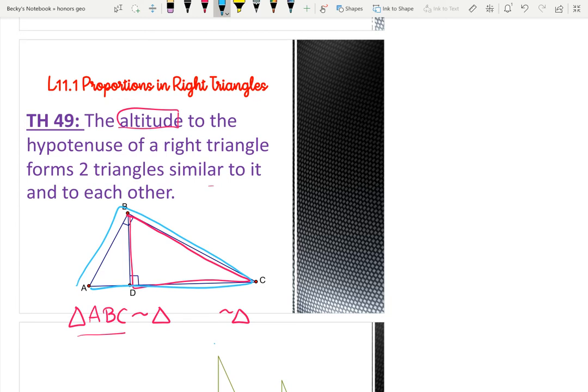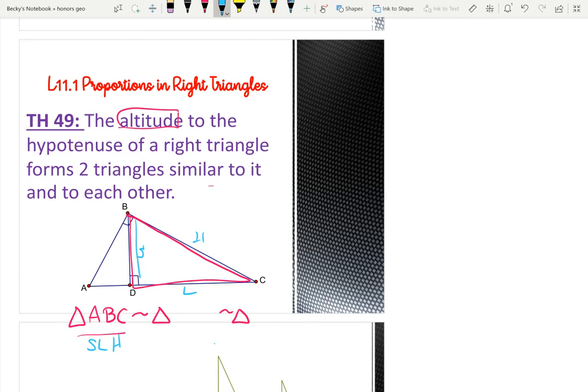So if this is my order, I'm going now. There's 3 lengths here. We have a short leg, we have a long leg, and we have the hypotenuse. So technically our order is short leg, long leg, hypotenuse. So short, long, hypotenuse. Okay, now let's follow that same order. Short leg, long leg, hypotenuse.